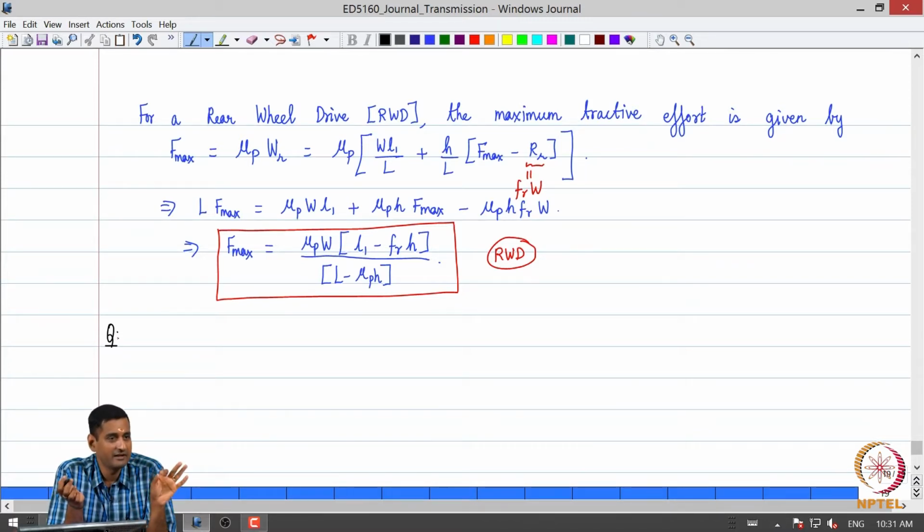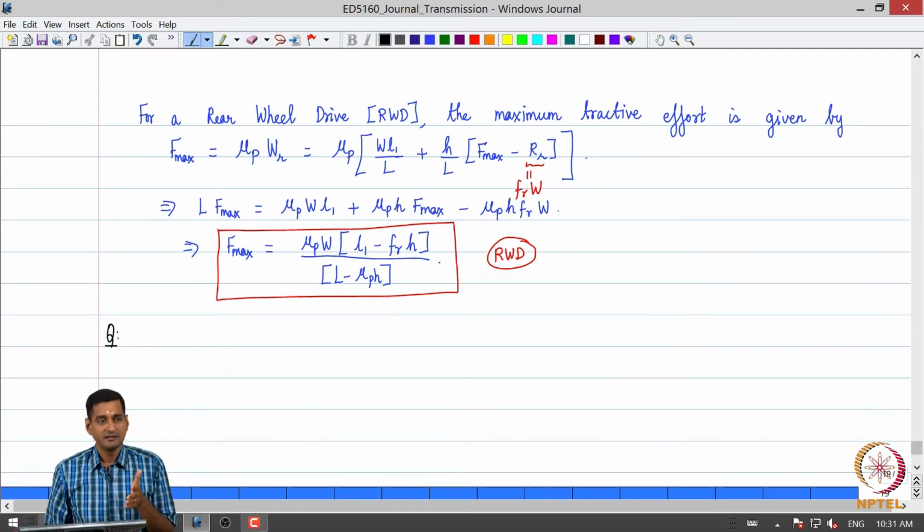In other words, how do we match the capabilities of the powertrain with what is required by the vehicle designer as far as vehicle performance is concerned?